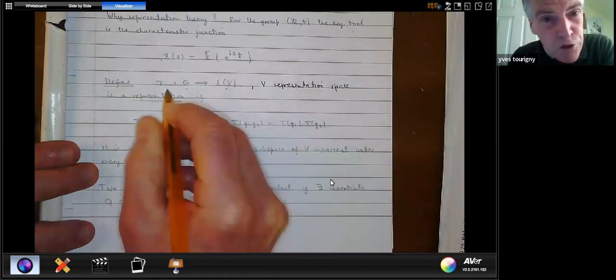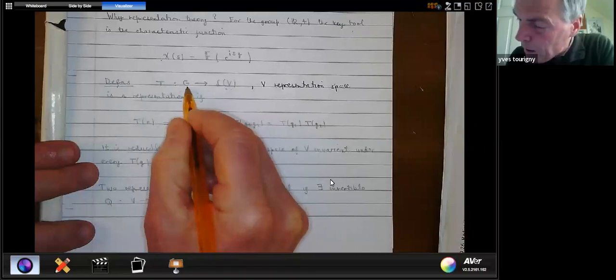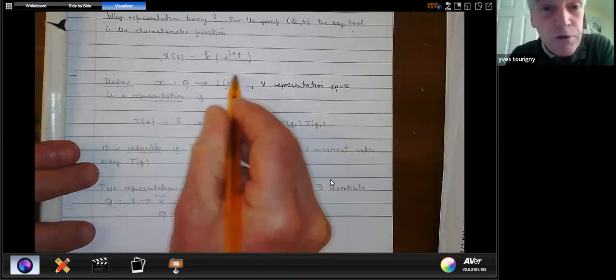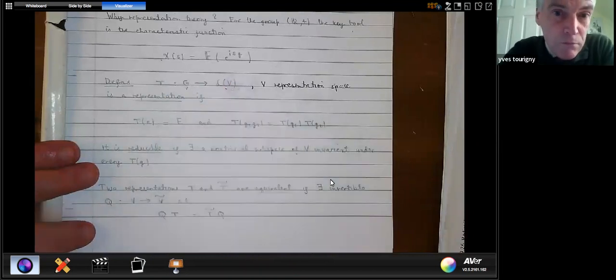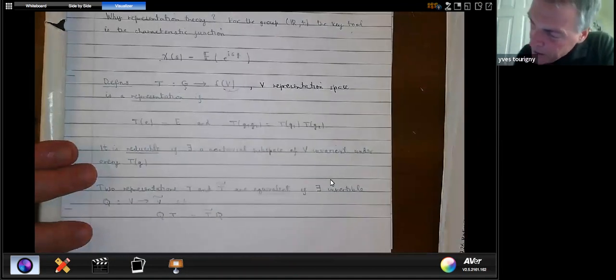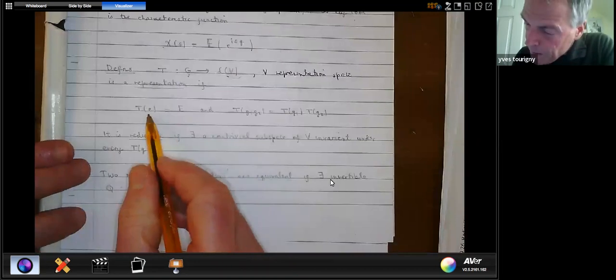And a representation is a map that takes an element of the group and assigns to it a linear operator acting on the vector space V. So that's what a representation is, provided it satisfies the following properties.